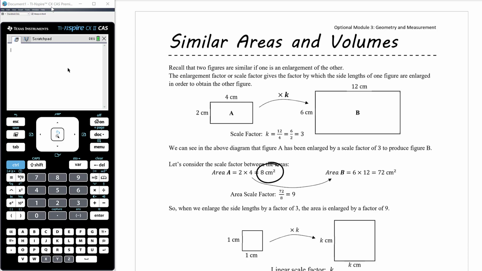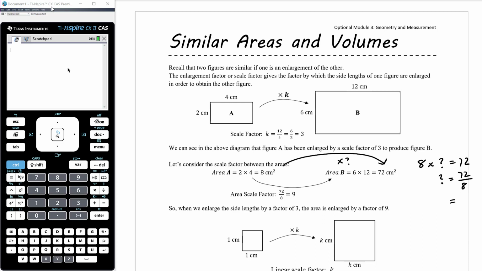And we can work out that scale factor by dividing the values. I want to know 8 multiplied by what gives me 72. That's the same as 72 divided by 8. Okay, and so that is 9. So the scale factor is 9.